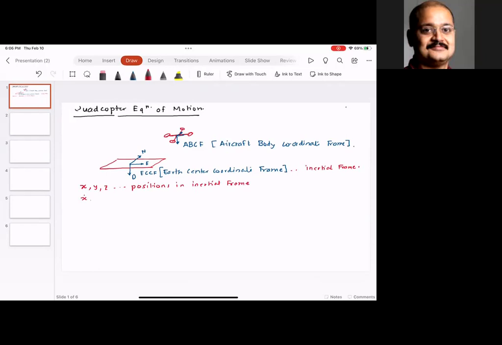X dot, Y dot, Z dot are the velocities in inertial frame.